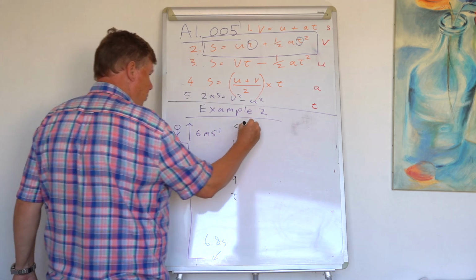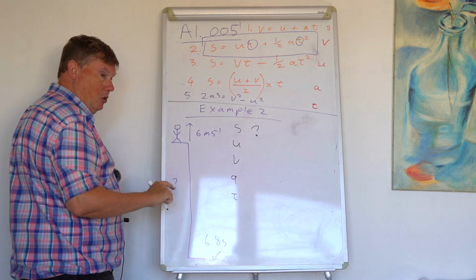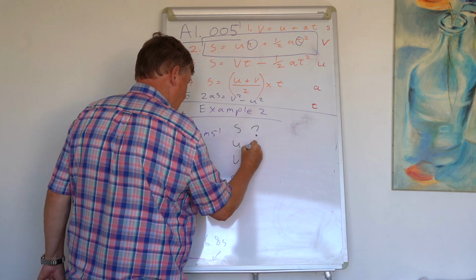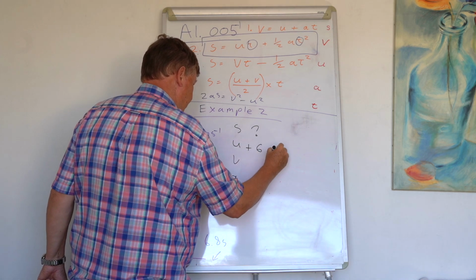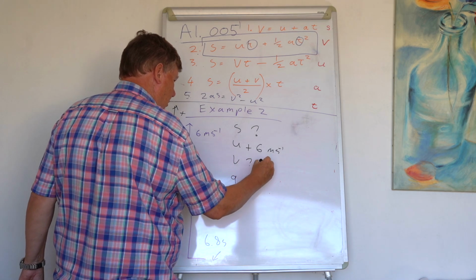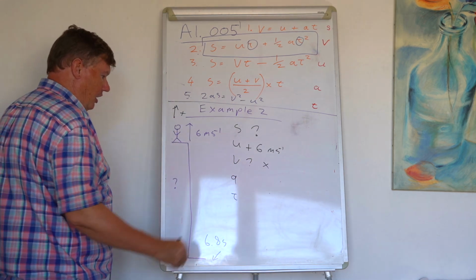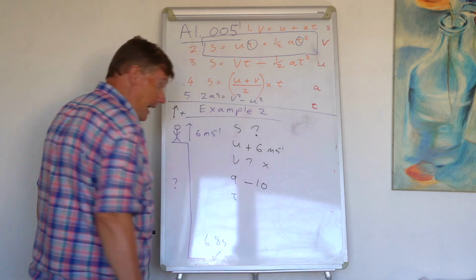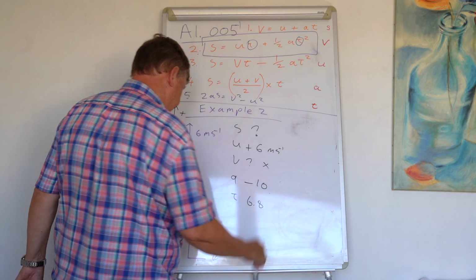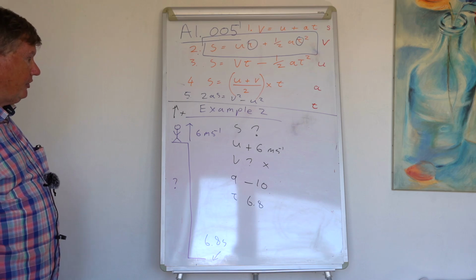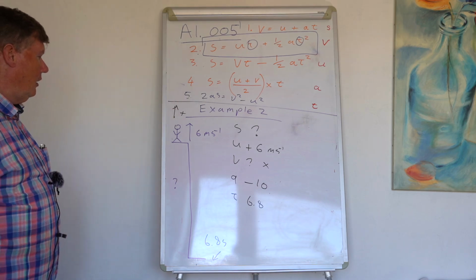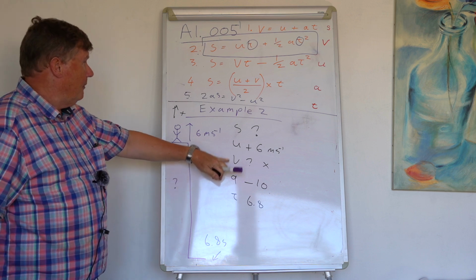S, U, V, A, T. S is wanted. U, all together now, up is positive. U, plus 6 meters per second. V, we don't know, and we probably don't need it. Acceleration, minus 10, acting under gravity. Time, 6.8. We have 3. We should be able to solve this. Can we find an equation there which does not have V but has the others?